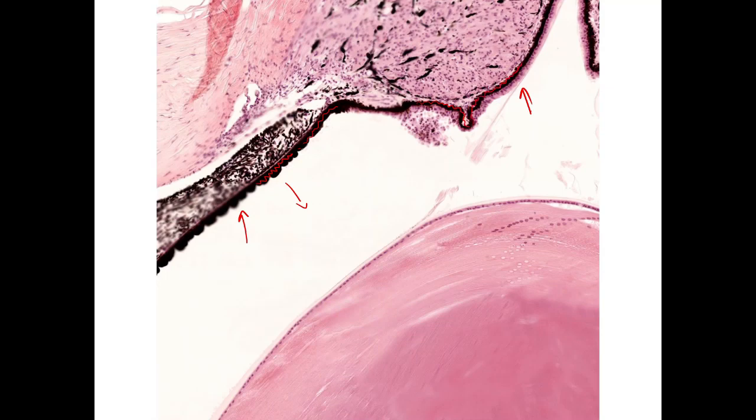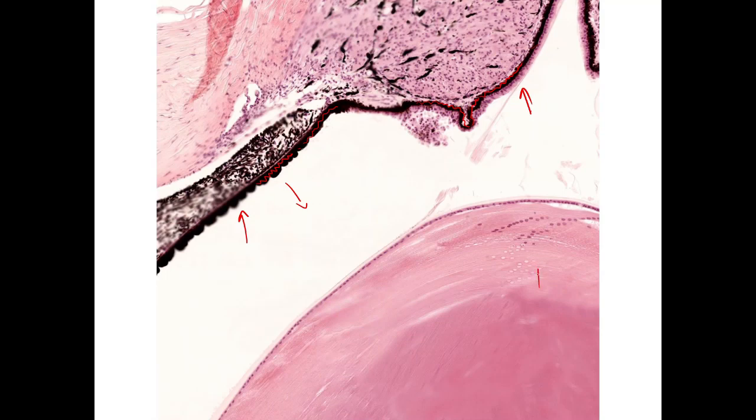So we cannot say that the pigmented layer is developed from the outer layer, because it's true for the ciliary body, it's true for the retina, the pars optica, but it's really not true for the iris, because this pigmented layer is from the inner part. So it's much more complicated, as always.